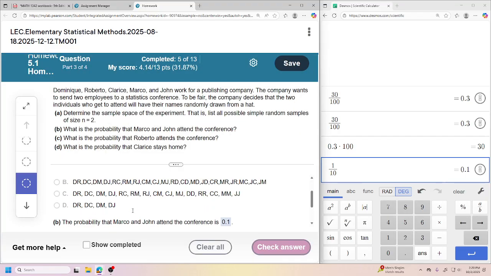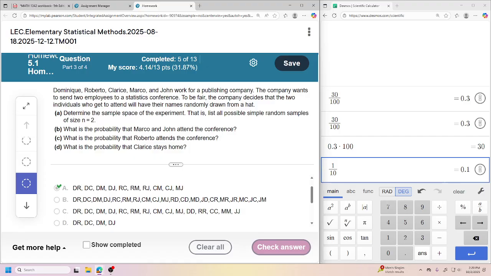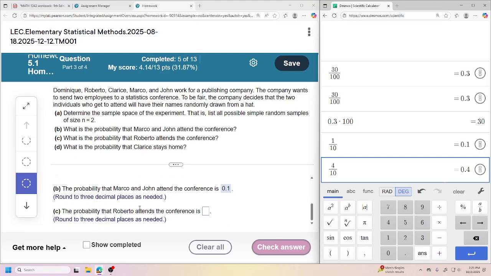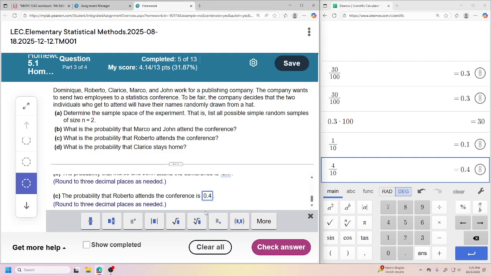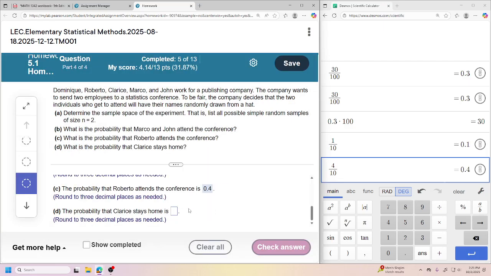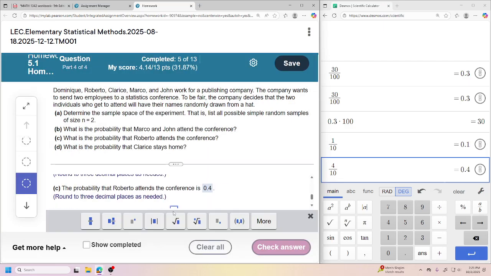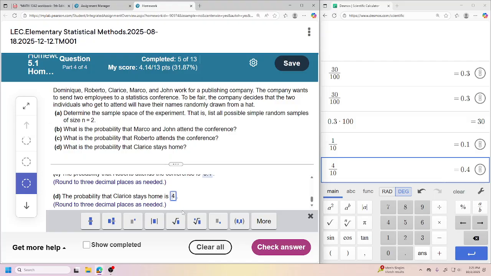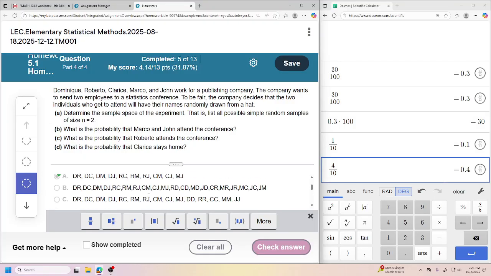Okay, so what's the probability of R? So now we're going to R. We got an R right there. Got an R right there. R. 4. Are there 4 then? 4 out of 10. Cool. C's probably going to be the 4 out of 10 again. I'm just guessing here. Oh. No. Okay, so C stays home.